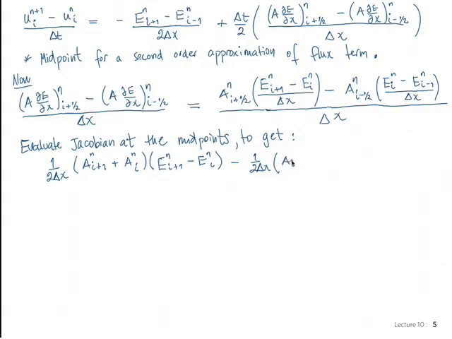I have A at I plus A at I minus 1, both at n, and this term carries over. And of course, all of this is divided by delta x.